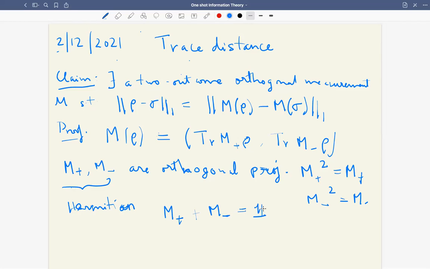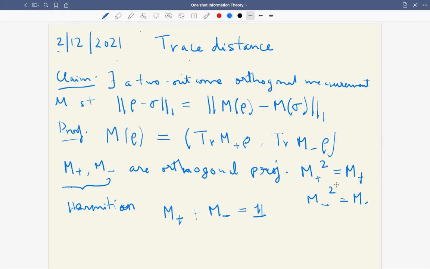Okay. So orthogonal projections means that the two outcomes, M plus and M minus, are labeled by the classical symbols plus and minus, and they are Hermitian operators. And their square is itself, so this is the idempotent property. Hermitian operators means that in the appropriate eigenbasis, their eigenvalues are real, and their square is itself, which means that the eigenvalues can be either 0 or 1.